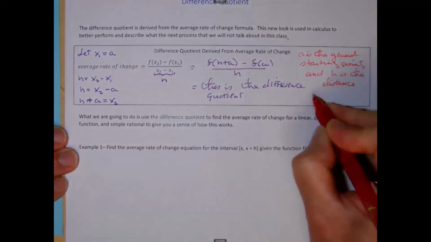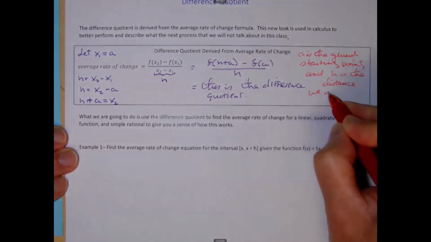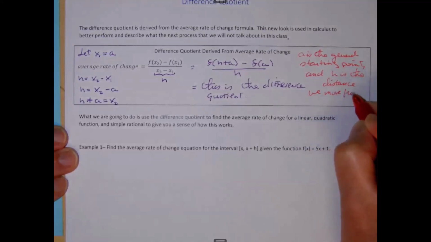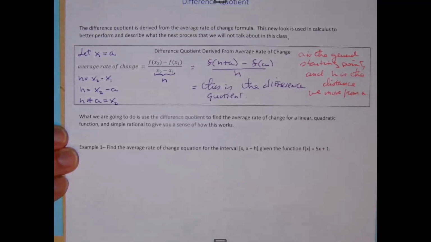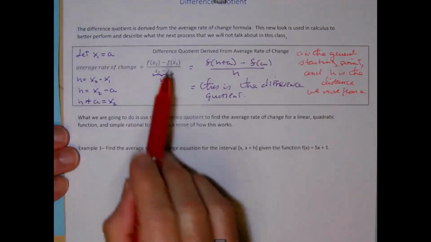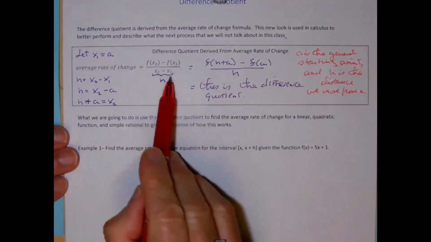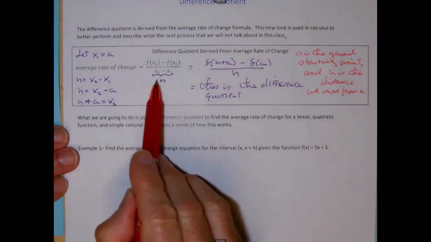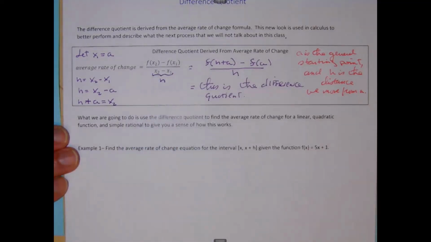It's a distance we move from A. So really all we're doing is re-establishing a few things, but we're still doing the same thing. We're looking at starting here and ending here, except now we think of it in terms of how much we moved by.